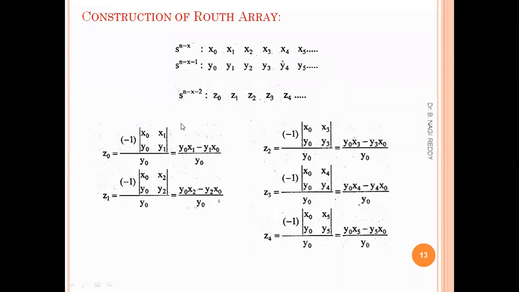We need to calculate the Z0, Z1 and other Z values. To calculate Z0, simply multiply Y0 and X1, minus Y1 and X0, divided by Y0.